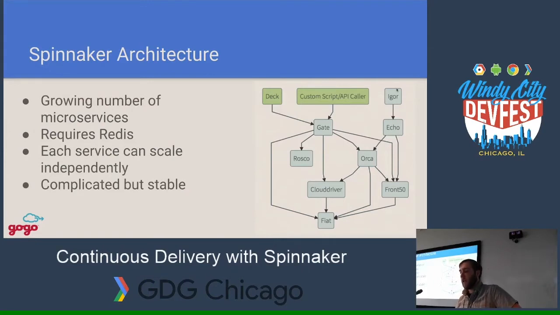But then things like Igor is the service that reaches out to your CI provider and gets information about that. That one's really minimal. You can run it on a tiny instance. It's super stable, so you can really scale these out and change how they're done. It looks complicated because it is a relatively complicated application, but it's very stable, it's very well supported, and it all makes a lot of sense.